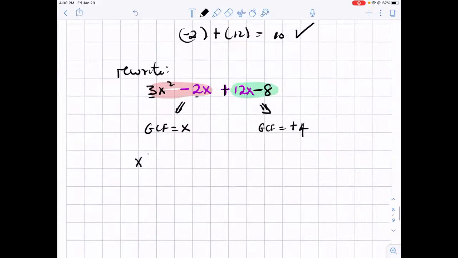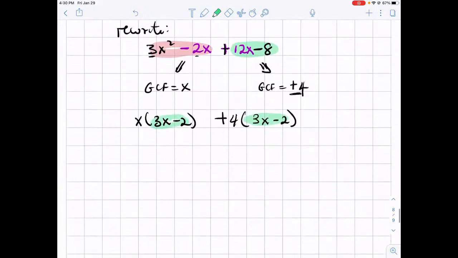So if we take out x, we have 3x minus 2, plus 4. If we take out 4, we get 3x minus 2. Notice my parentheses are the same, so more than likely I'm doing something right.